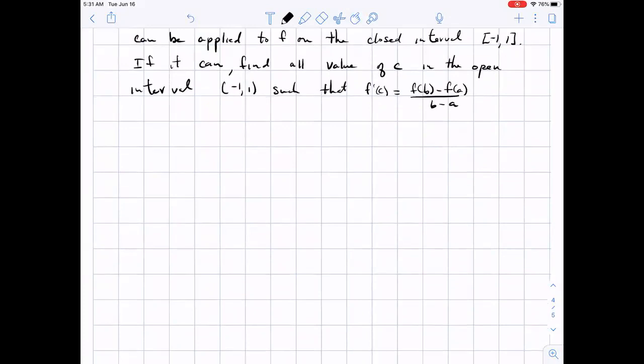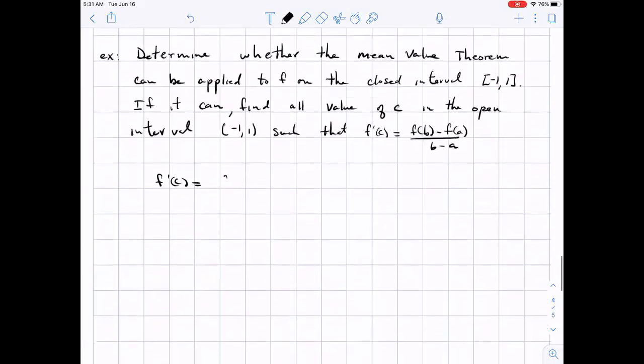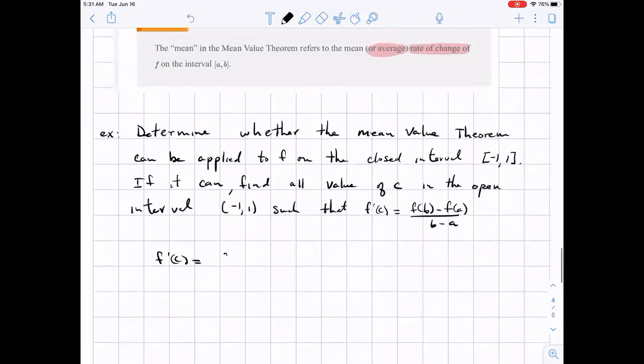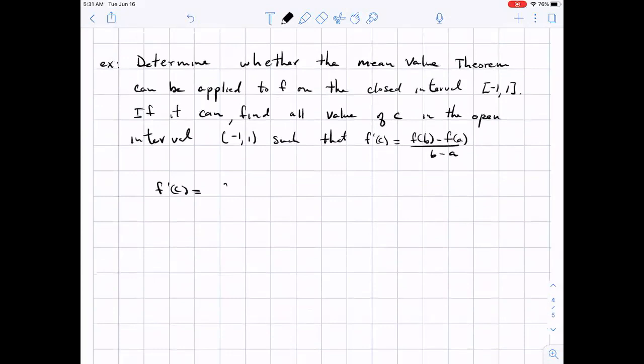So what should we do? What is f prime of c here? Well, f prime of c will be f of b minus f of a over b minus a. I didn't give you the f of x.